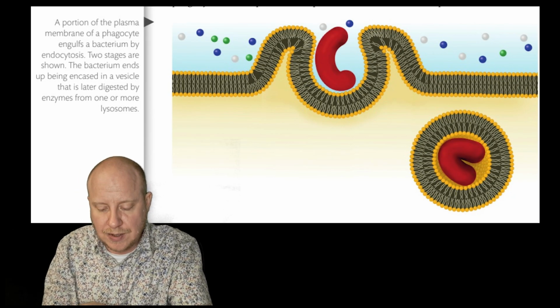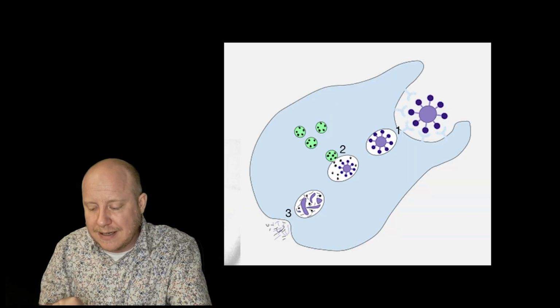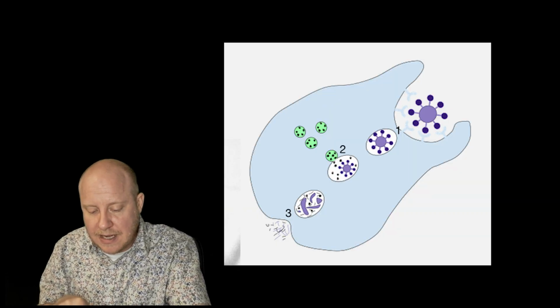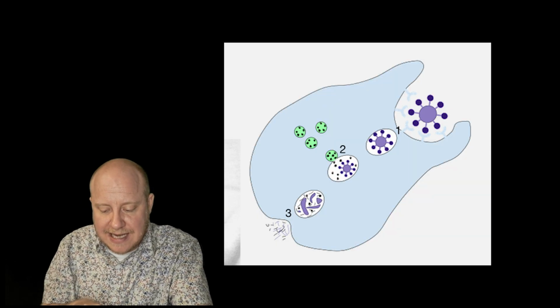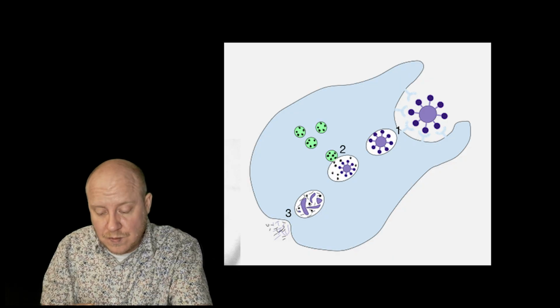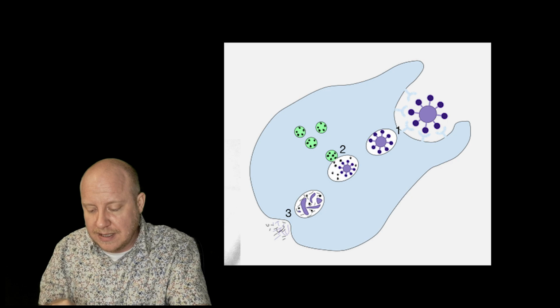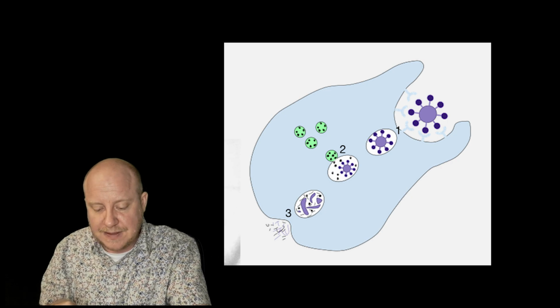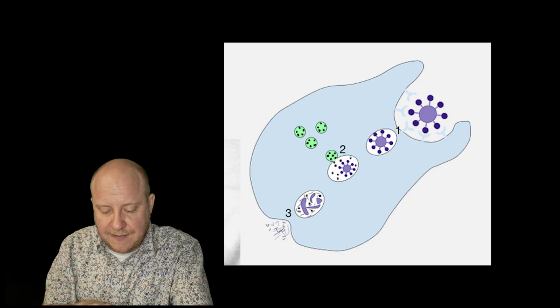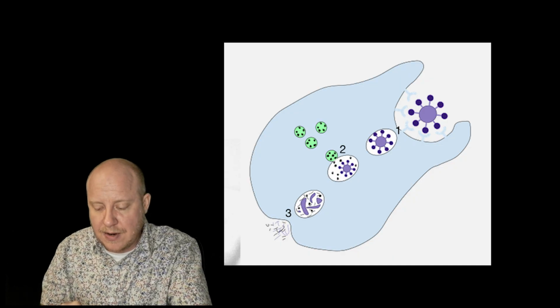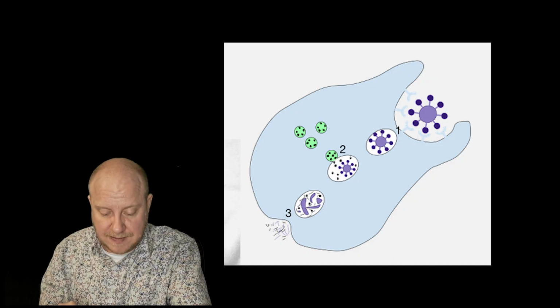You can see this in the picture. The foreign body is brought inside the phagocyte where the hydrolytic enzymes of lysosomes digest the potential invader. So there are some enzymes that will break it up. This response by phagocytes is nonspecific and is part of the innate immune system.